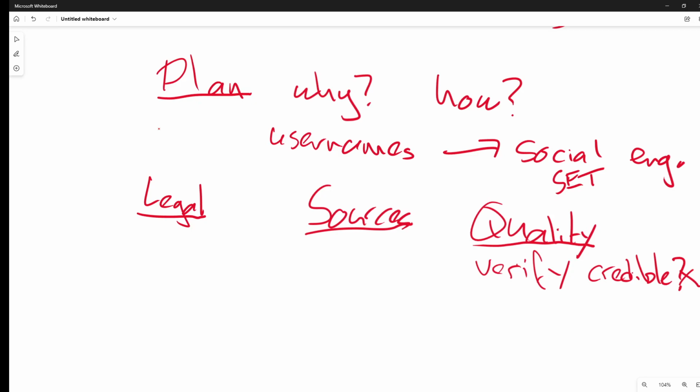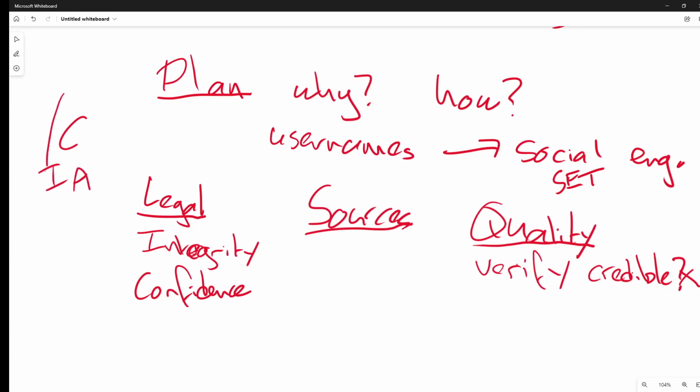The other thing that we need to talk about is integrity and your confidentiality, the competence that you are being given to use the OSINT information for whatever purpose that you have. Just be aware that your integrity and your confidentiality is still there. Because don't forget, your CIA triad.